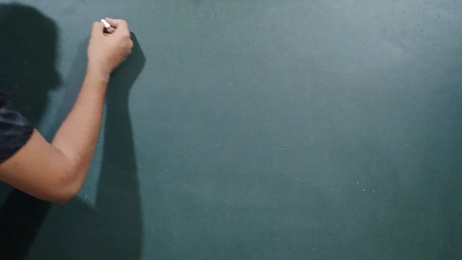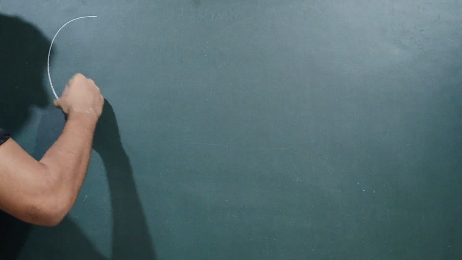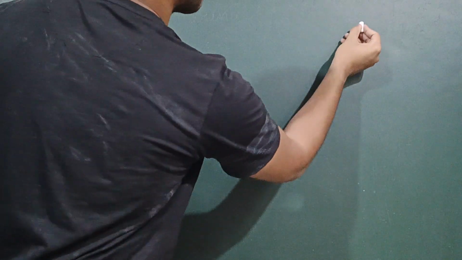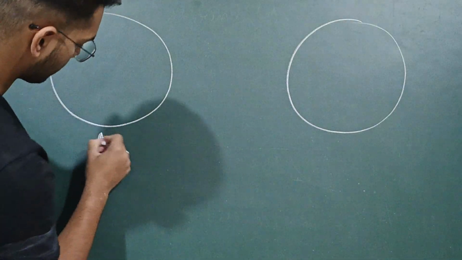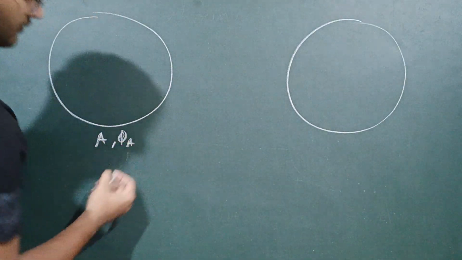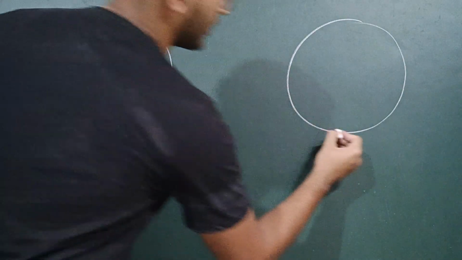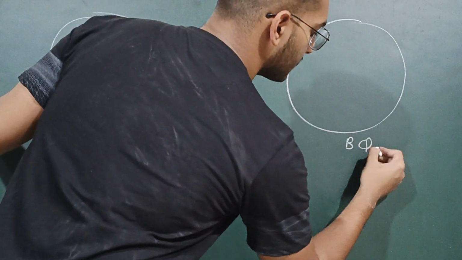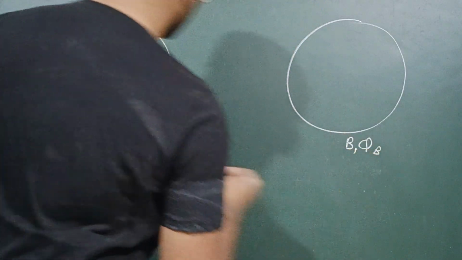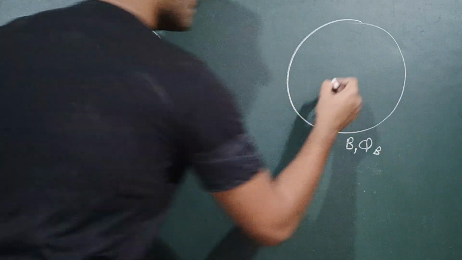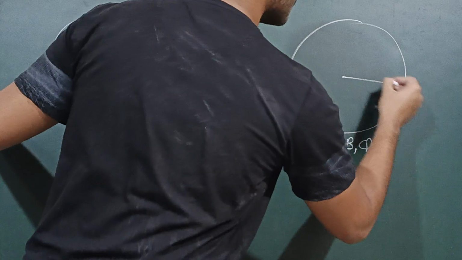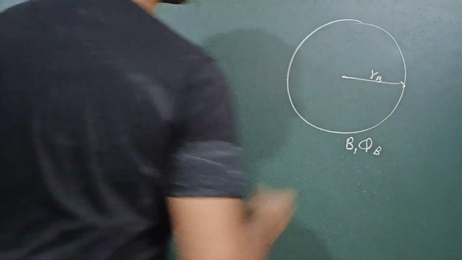So let's start again. I had a sphere A. I had another sphere that is B. Initial charge of A is QA, and this is B. Initial charge was QB, and their radii were RA and RB respectively.